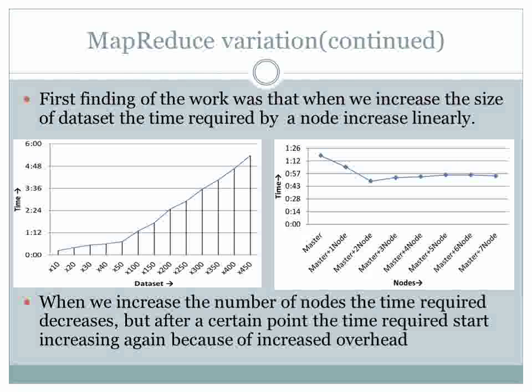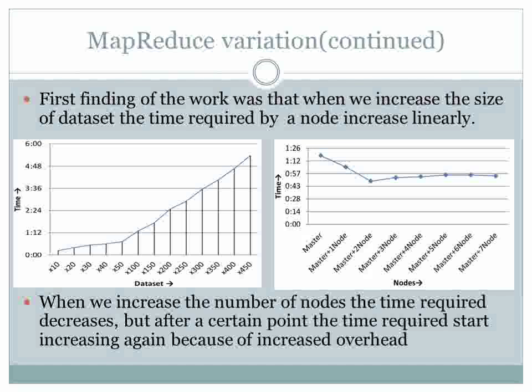So what can be concluded from that big table? The first finding of the work was that when we increase the size of the dataset, the time required by a node increases linearly. This can be seen in the first graph on the left side, where there is only a linear increase in time and it's not exponential, which is a good finding.